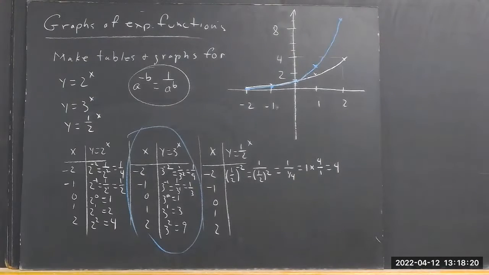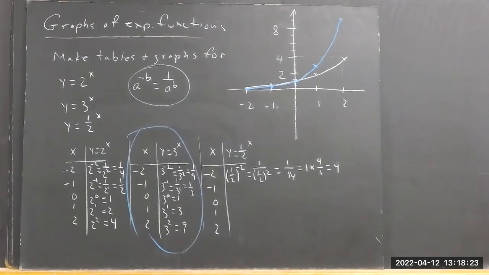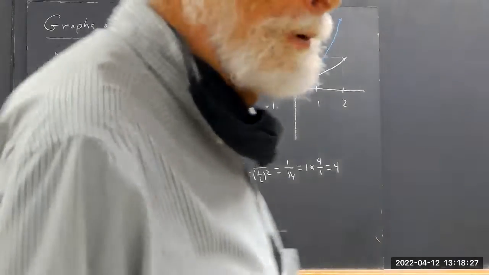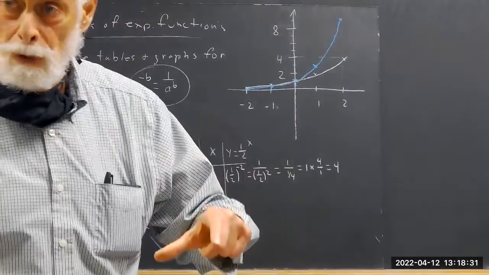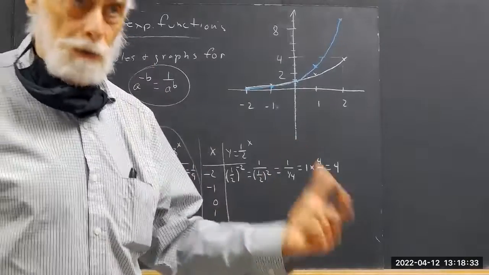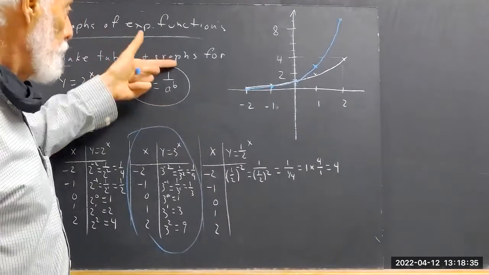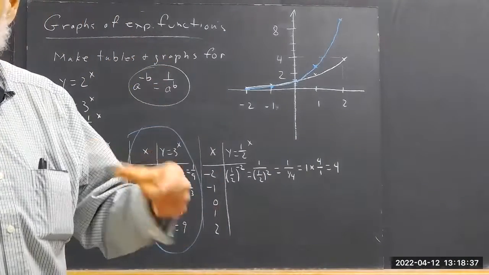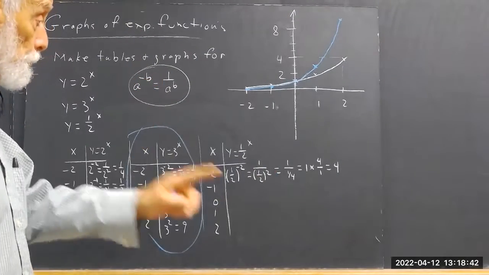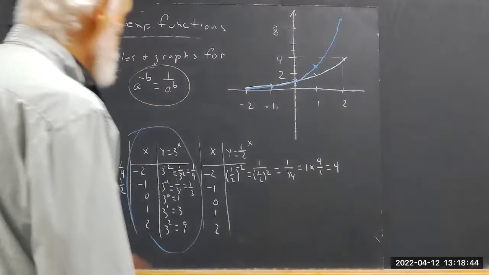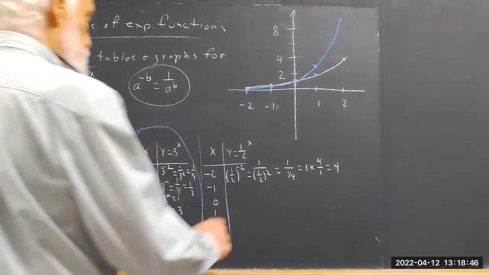Now you really have to understand that arithmetic in context. You have to understand that dividing by a fraction is multiplying by a reciprocal, and understand that a to the -b is 1 over a to the b for any number a and any exponent b. Those two rules go together to give you this.